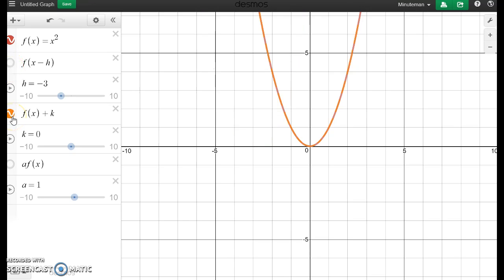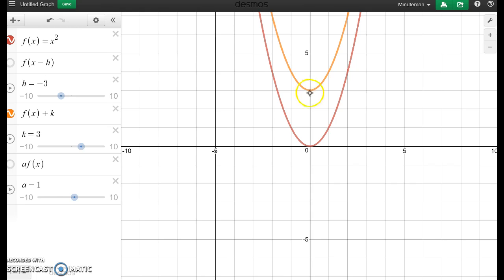And along with that, here again is our parent function. And if we have the form f of x plus k, in other words, f of x is our y value, and we're adding k to it. So as we increase k, let's say to 3, that represents a shift of 1, 2, 3 units up.